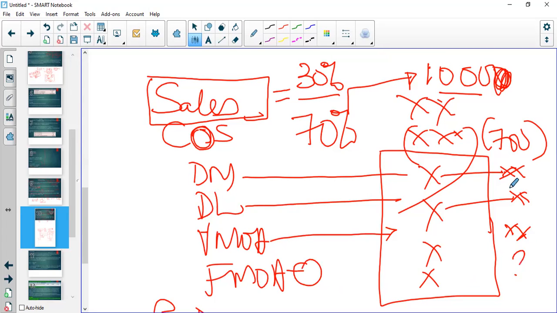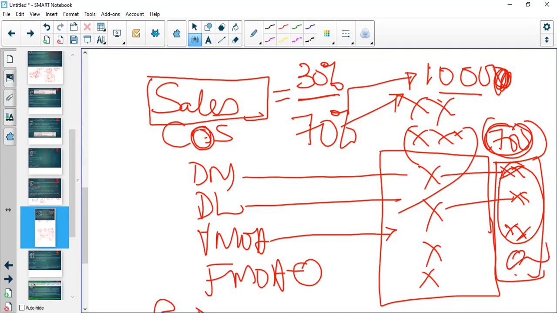But you need to know that if you add up everything here, it's going to have to give you 700, because you are being guided by the markup on sales, that the cost of sales should be 70% of the sales. So from here now, you can go back to determine the fixed manufacturing overheads.